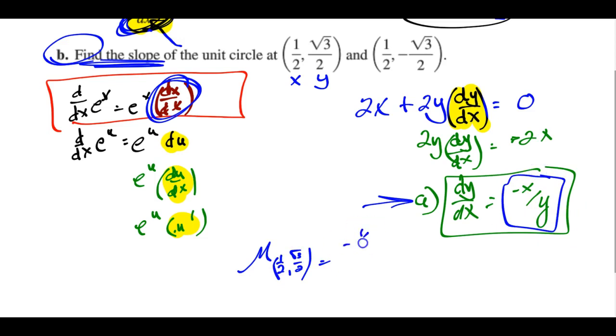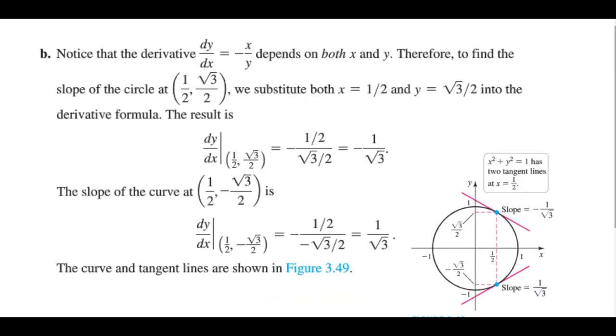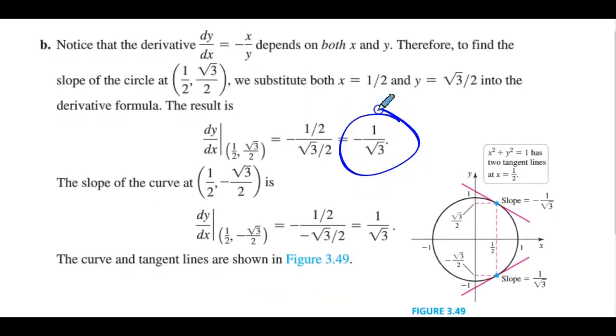So negative 1/2 divided by the square root of 3 over 2, which is negative 1/2 times the reciprocal. You could leave it as 1 over the square root of 3, or if you rationalize the denominator, the square root of 3 over 3. And then you repeat the process for this one, and I think it's the same answer, just the opposite. Let's see what the author says. Sure enough, the opposite of the negative would be the positive.